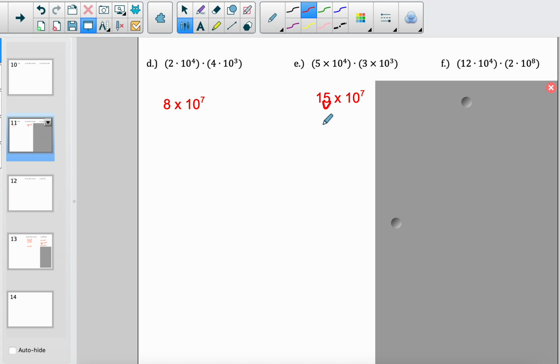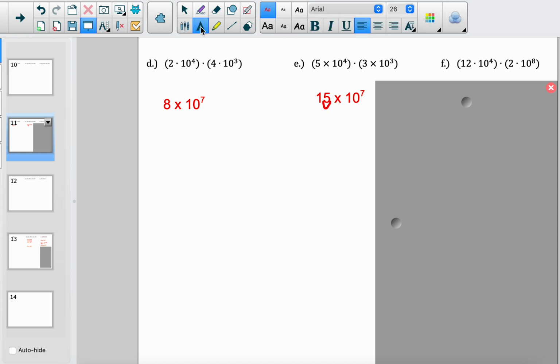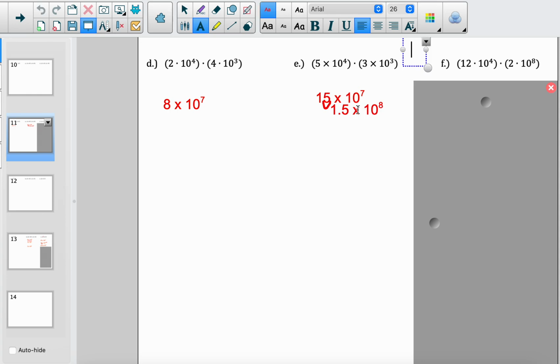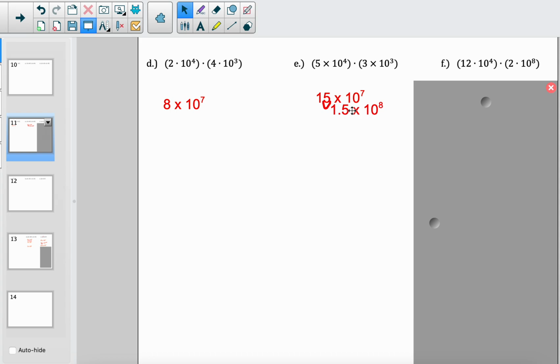And so we are going to get 1.5 times 10 to the 8th power. I'll get this on here and adjust it a little bit. There we go.